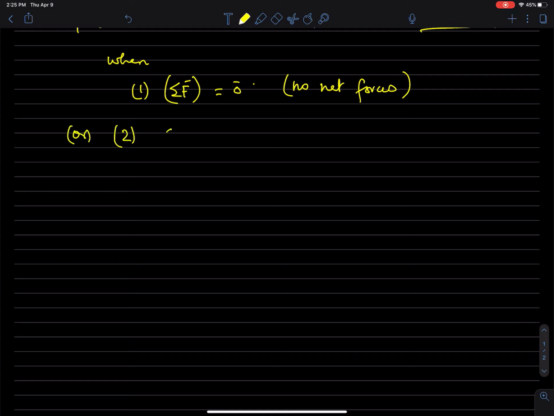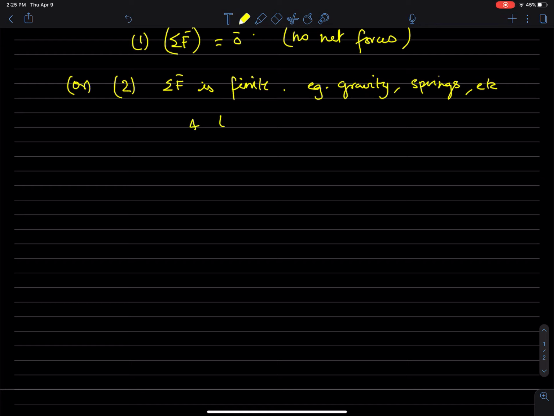Or case 2, the sum of forces is finite. Example, gravity, springs, anything really, except the exceptions that we will talk about in a moment. And t final is basically the same as t initial, so that the integral goes to 0, right?